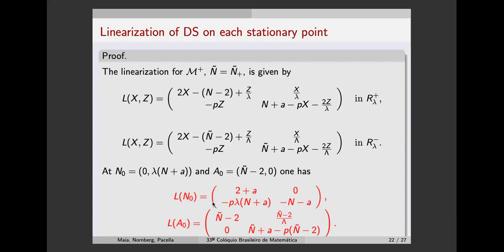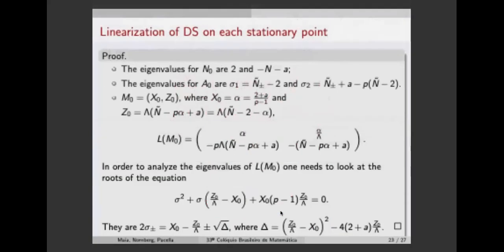L_N0 is this matrix, and L_A0 is this matrix, just substituting these values in the expressions. N0 is in the upper part of the first quadrant, R plus, and A0 is in the lower part. So substituting, we get the two matrices which represent the linearization around these points.